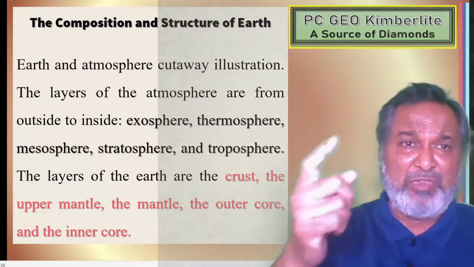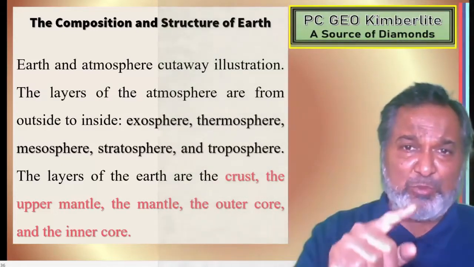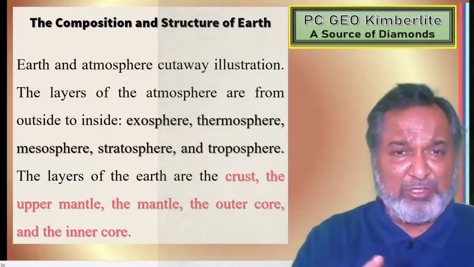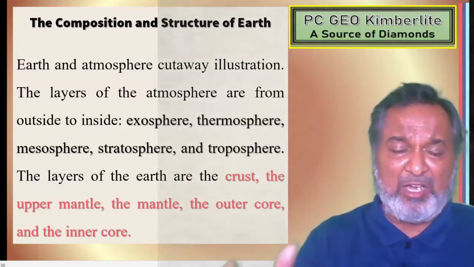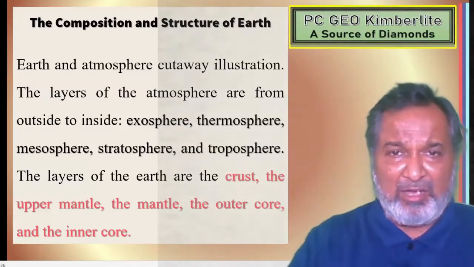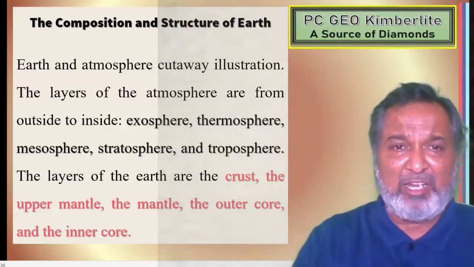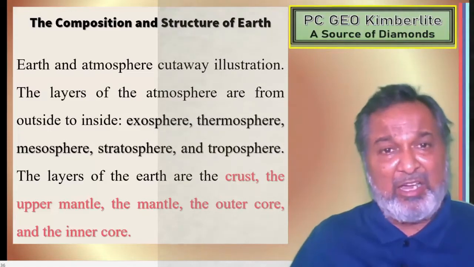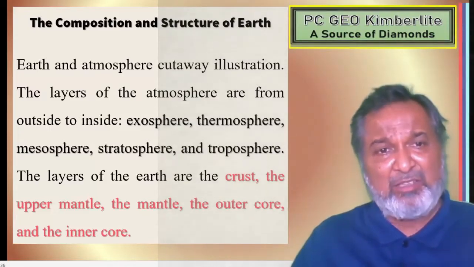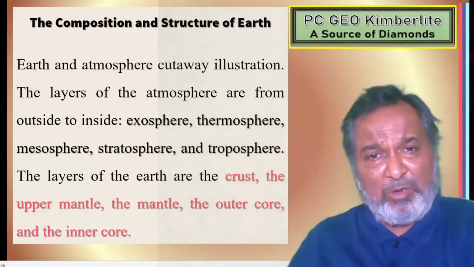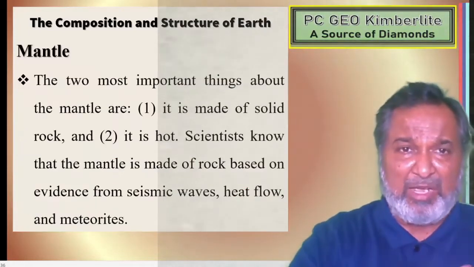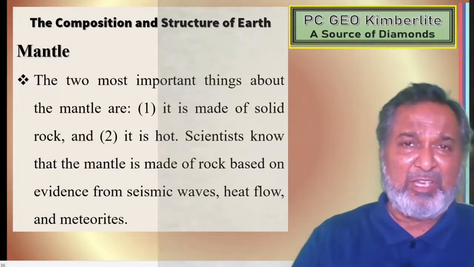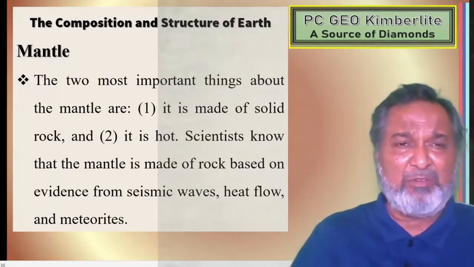The layers of atmosphere from outer to inner are exosphere, thermosphere, mesosphere, stratosphere, and troposphere. The troposphere looks like a blanket; the atmosphere itself is a blanket for the earth. In the earth we have the crust, then the upper mantle, then the lower mantle, then the outer core, and then the inner core. So this is the earth structure.